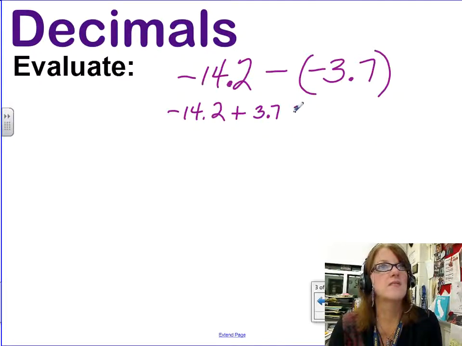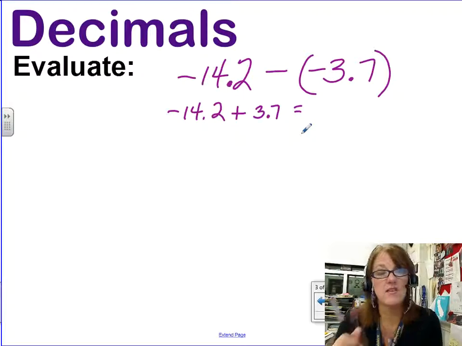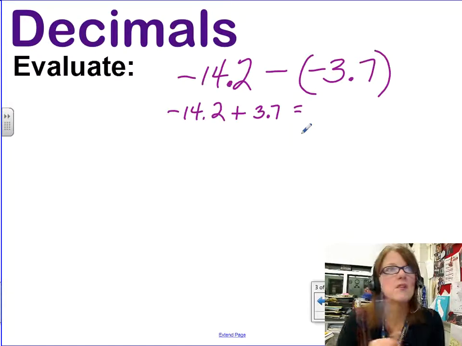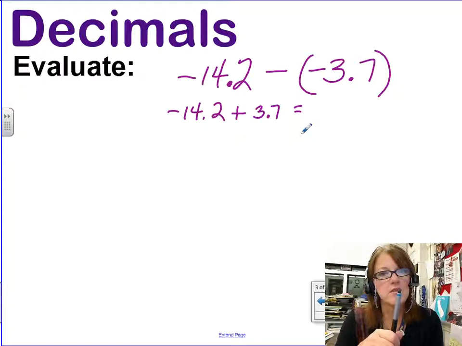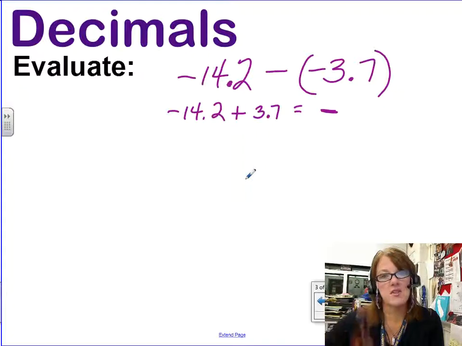Okay, so I have these two. Here's the deal though. This guy's negative, this guy's positive. So depending on how you like to think of this, whether you think of it as a tug of war on the number line where you're going to go backwards 14 units and then come forward 3.7, you know that you're going to land in negative land. Or maybe you like to think of money, where you spent 14.2 and then you add 3.7 and you're still in the hole.